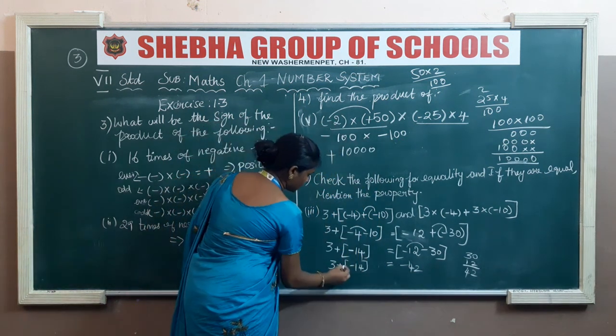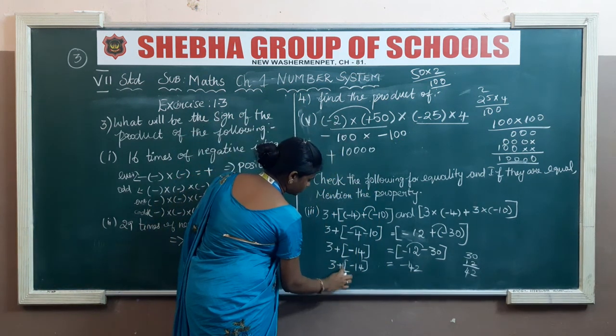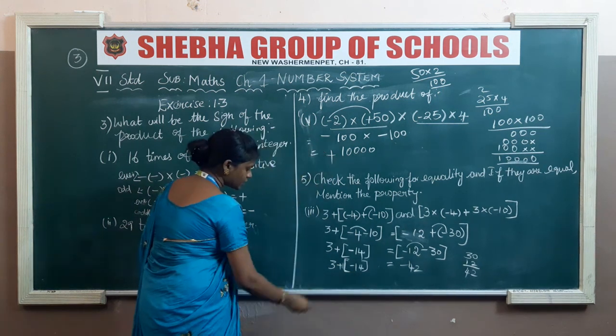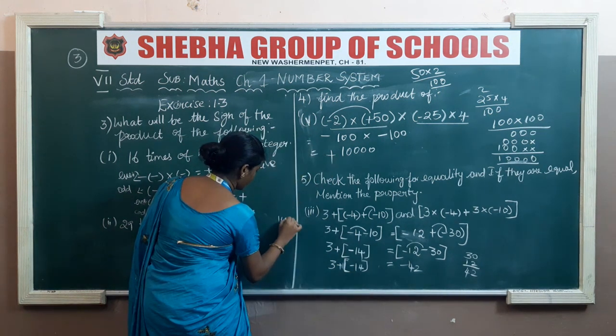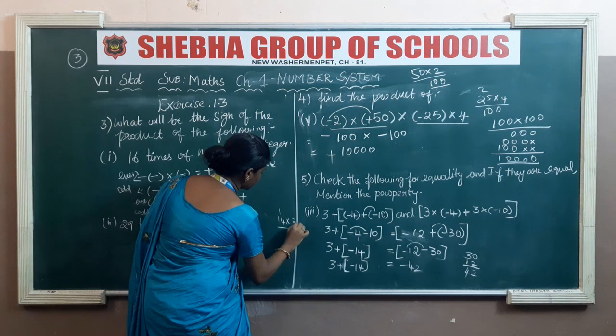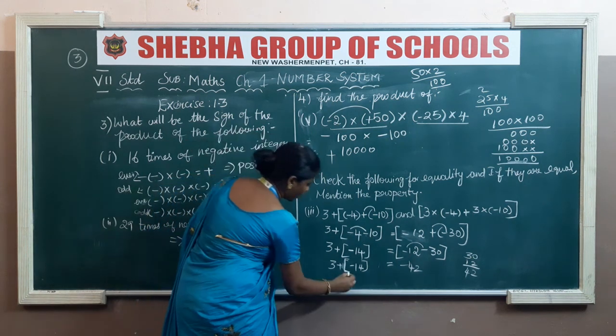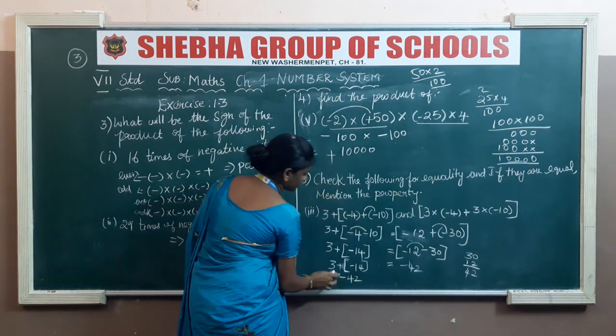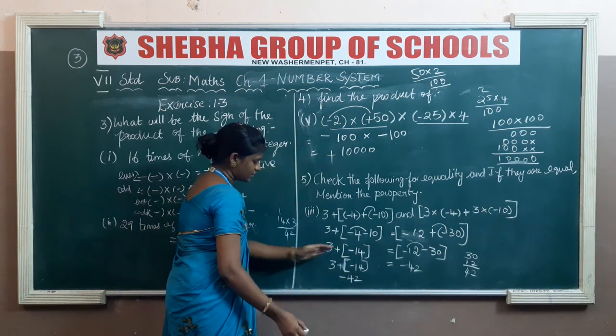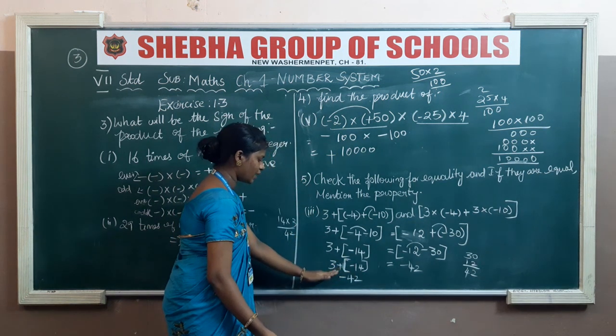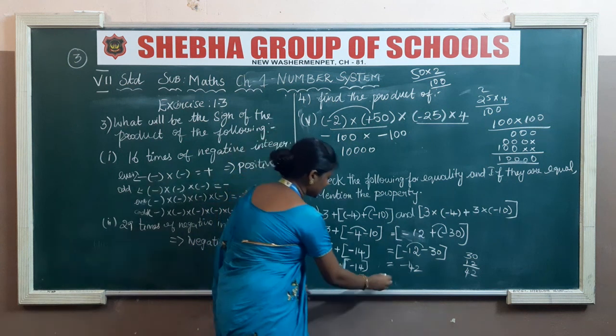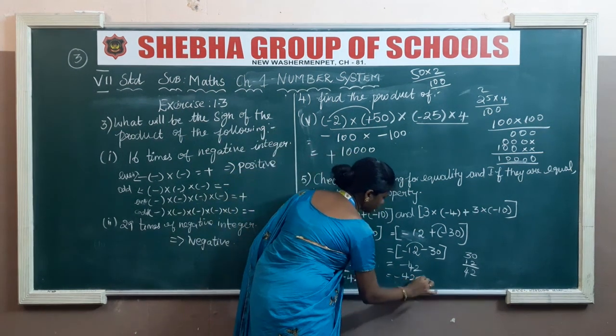And this is the product: 3 into 14, 3 fours are 12, 3 ones are 3, so 42. Because this is in the bracket, we put minus 42. So minus 42 is equal to minus 42.